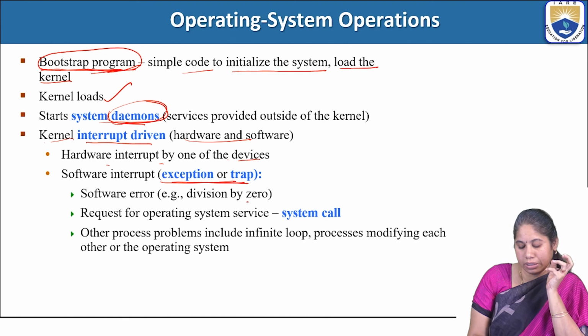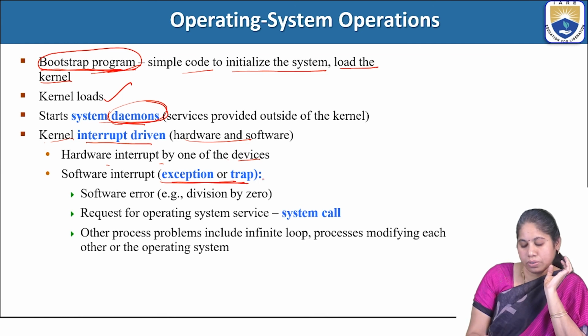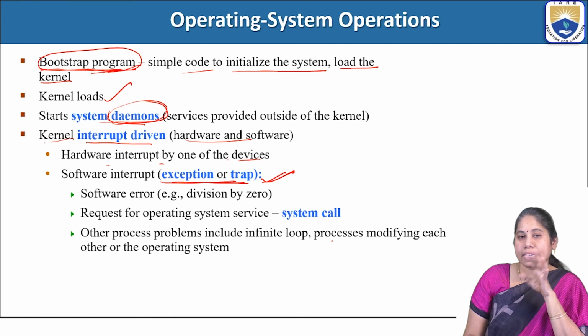In the GATE examination, sometimes they ask whether a trap is a software or hardware interrupt. The answer is that a trap or exception is a software interrupt.